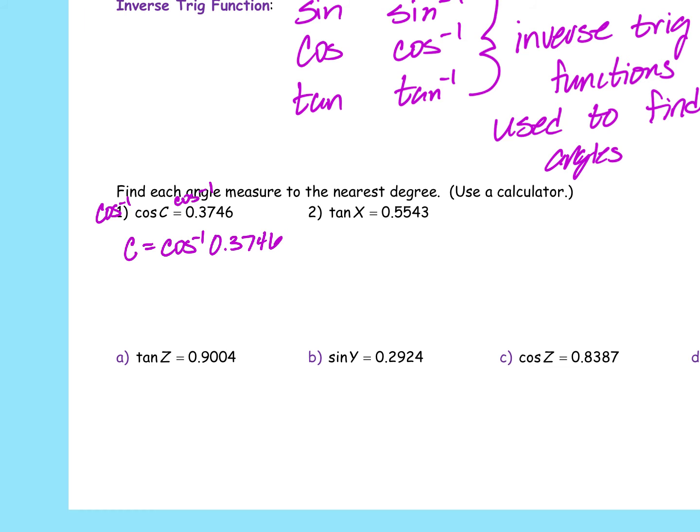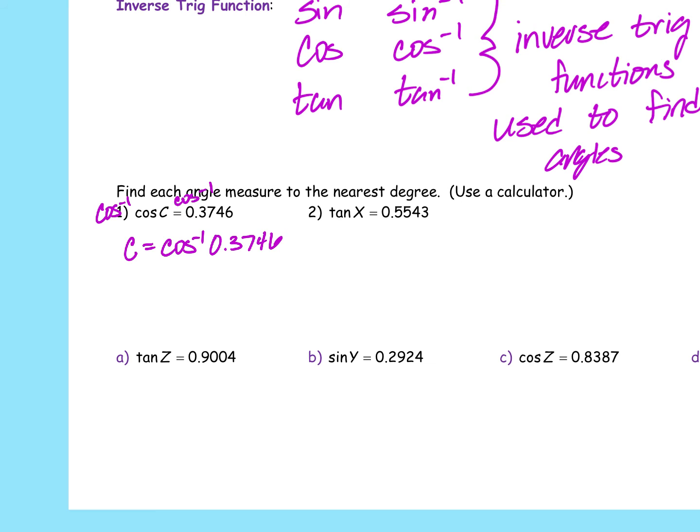Depending on what calculator you're using, usually you use the shift key, and then it's right above sine. You know how they write the little different colors on your calculator, it'll say cosine inverse right above it. If you're using Desmos, it's right next to it like this. Depending on what calculator you use, you'll find it.